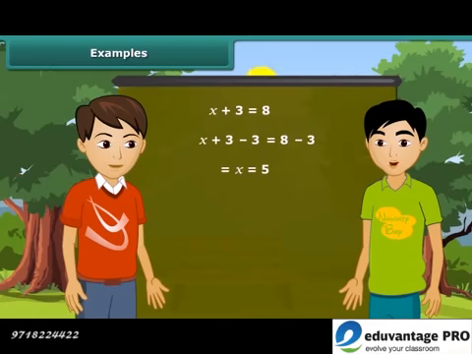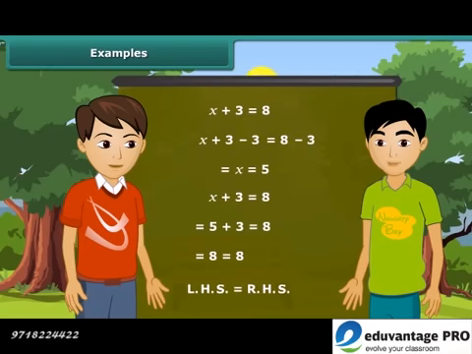It is because subtracting 3 reduces the LHS to x. Are you sure that this answer is true? We can check this by placing the answer in place of x. If left-hand side is equal to right-hand side, then the answer is correct. We can see that here LHS, left-hand side, is equal to RHS, right-hand side. Hence, our answer is correct.